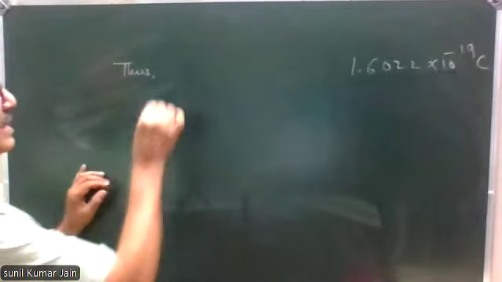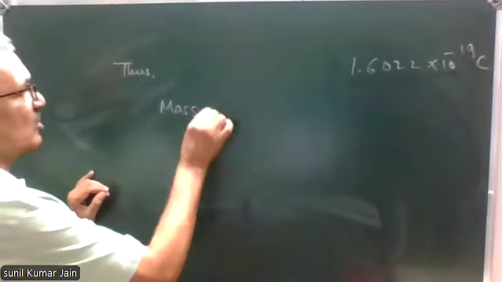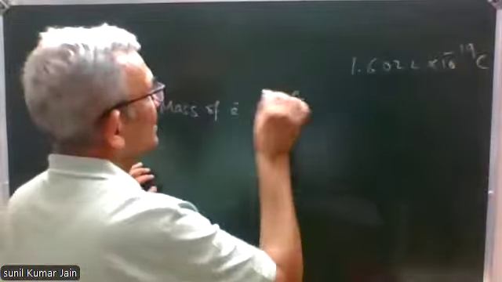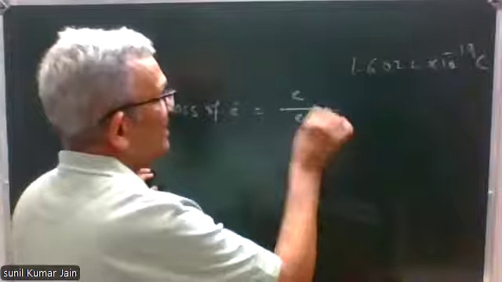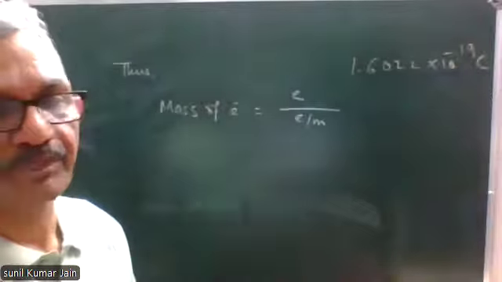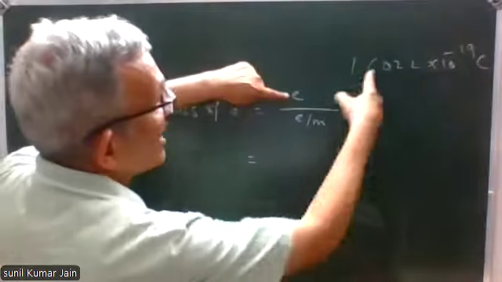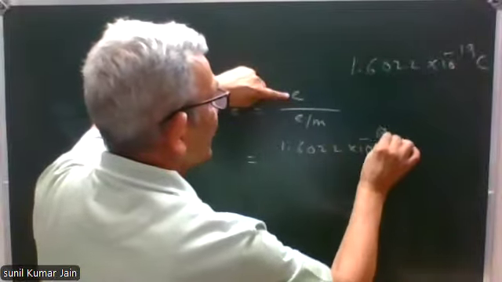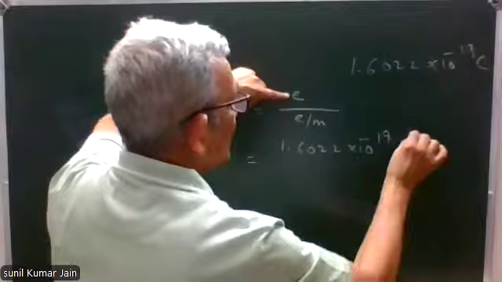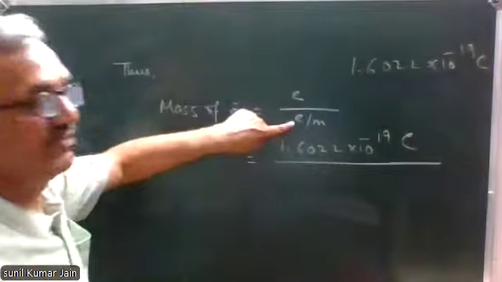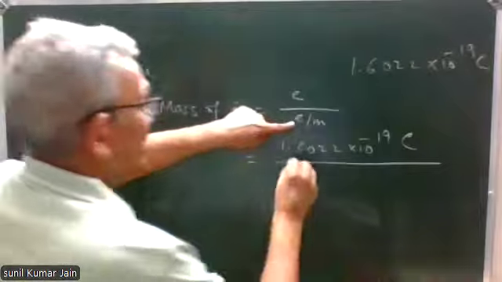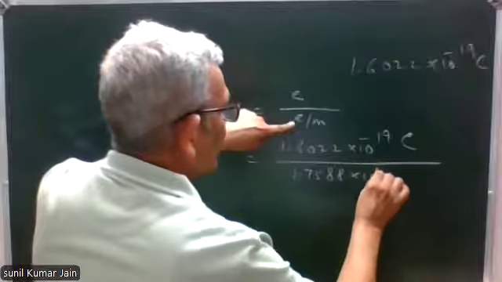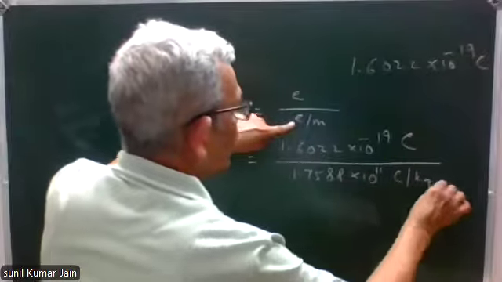Thus, mass of electron will be charge divided by E by M ratio. Value of charge is 1.6022 into 10 to the power minus 19 coulomb. Value of E by M, I told you earlier, is 1.7588 into 10 to the power 11 coulomb per kg.